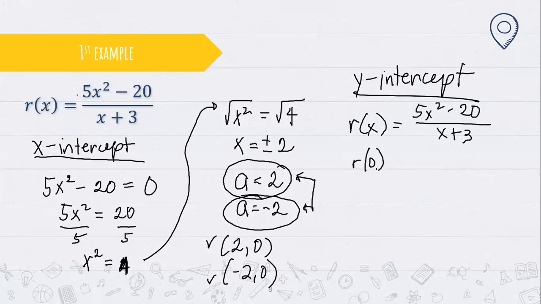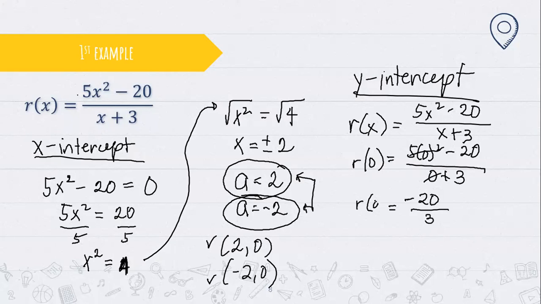So, that would be r of 0 is equal to 5 times 0 squared minus 20 all over 0 plus 3. Ano yung natira? 0 squared is 0 times 5 is 0. So, negative 20 over 3. That would be our r of 0.